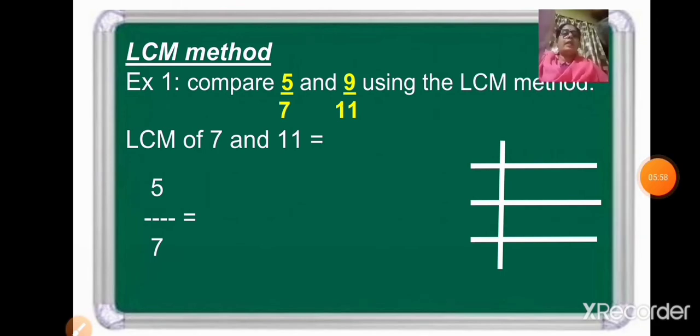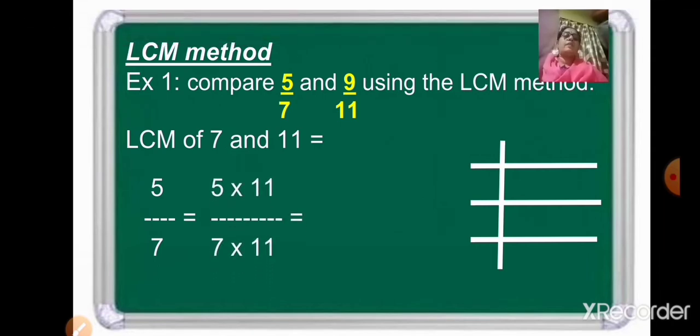Now, first you will take the first fraction, 5 upon 7. You have to make the denominator equal to the LCM. And what LCM did you get? You got the LCM as 77. Now, 7 into which number will give you 77? 7 into 11 will give you 77.